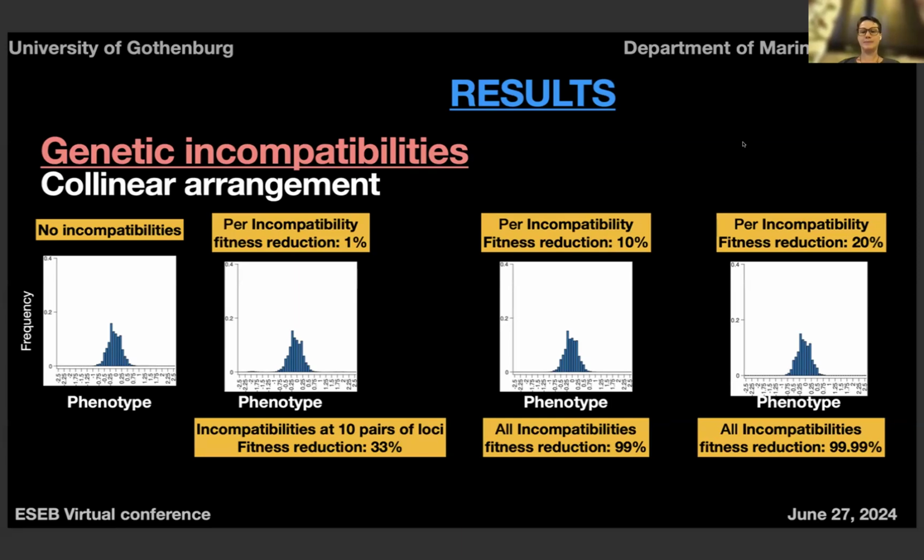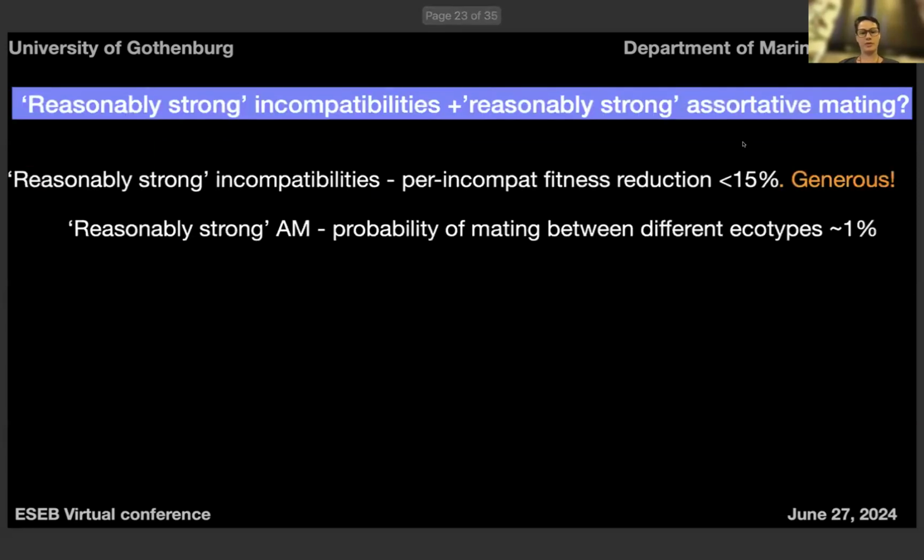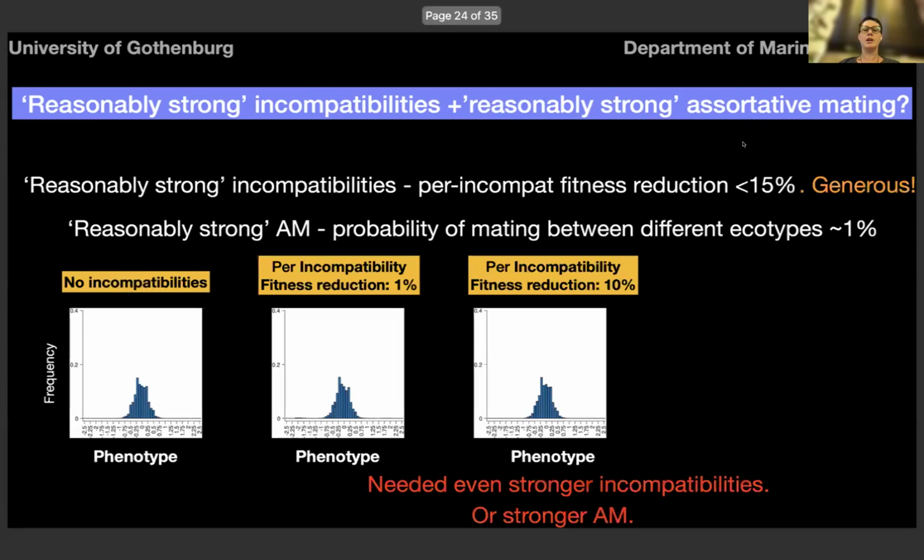That is to say that we essentially need death of F1 hybrids after the secondary contact in order to produce bimodality, which is again kind of a definition of different species. But if we now include both incompatibilities and assortative mating, reasonably strong, we still don't see multimodality.